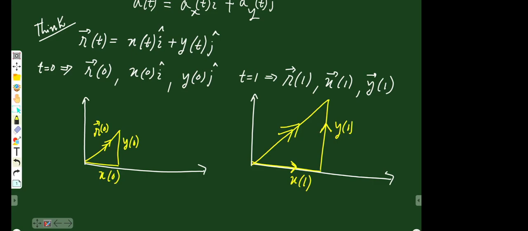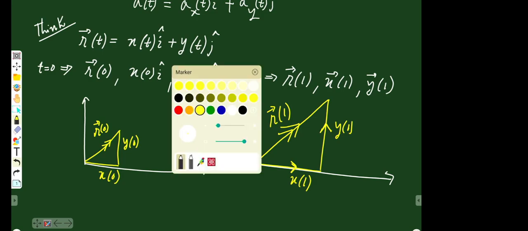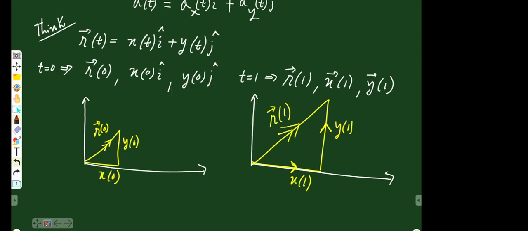This, that is your r of 1, right? So you can understand now they are time dependent functions, right? Time dependent functions. And if you draw that in the same plot, it would be like this, right? It would be like that.